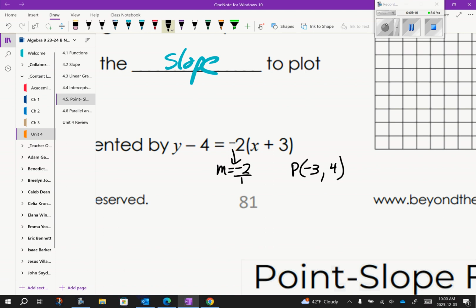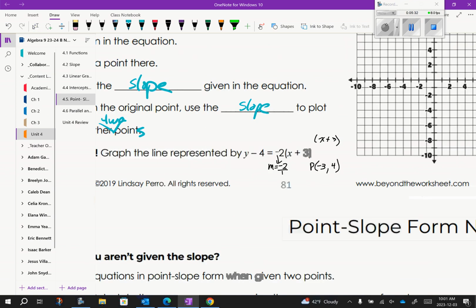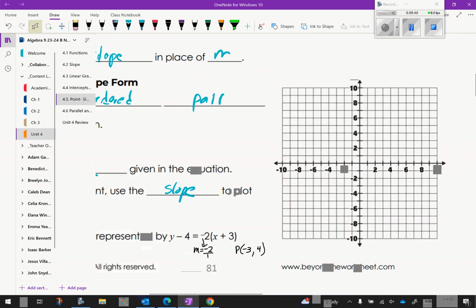With a negative 3. Because again, if you had x minus negative 3, you would simplify that into x plus 3. So once we can read the equation here, once we can pull from it the slope and the coordinates of a point, that's enough for us to graph it.